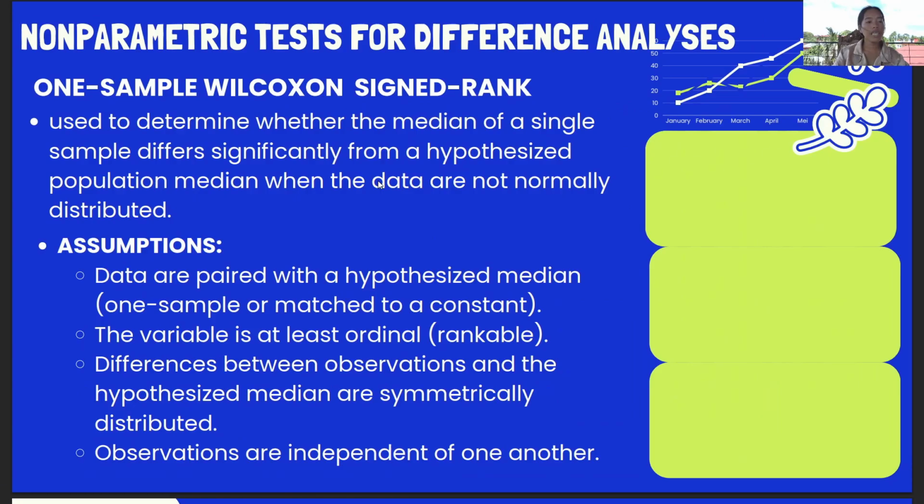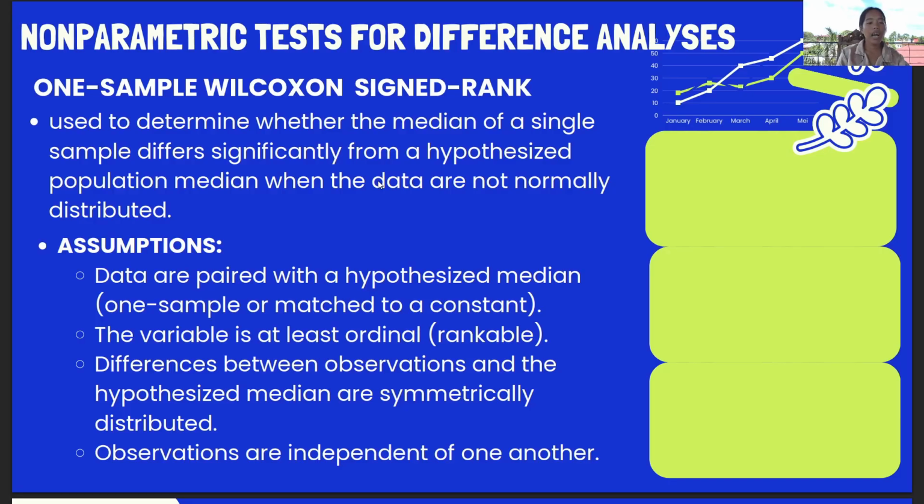We also have the non-parametric test for difference analysis: the one-sample Wilcoxon signed rank test. It is used to determine whether the median of a single sample differs significantly from a hypothesized population median when the data are not normally distributed.